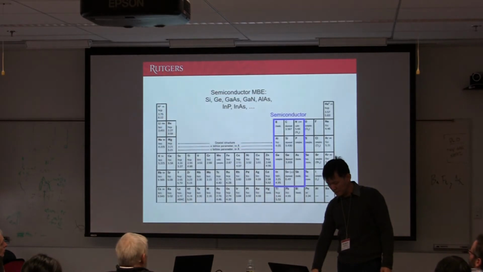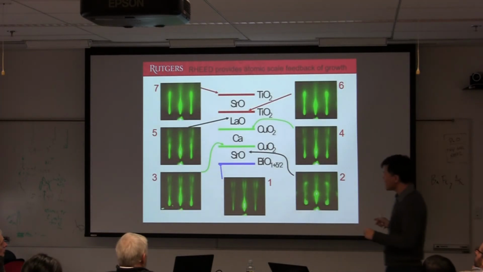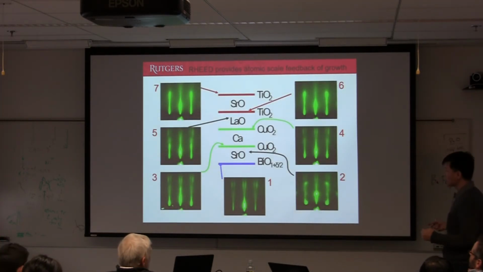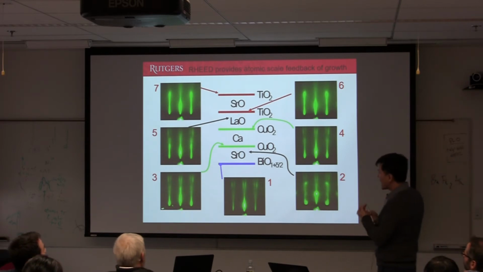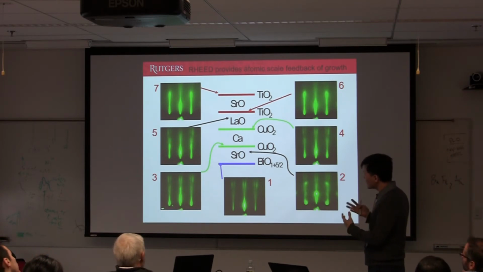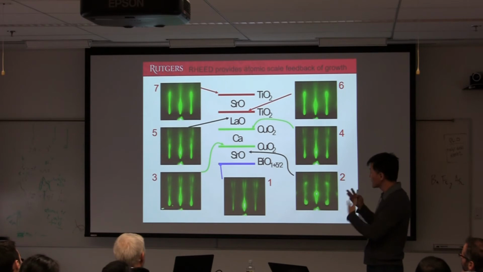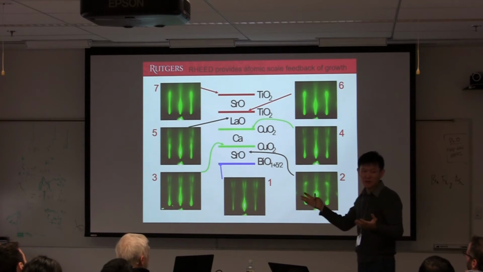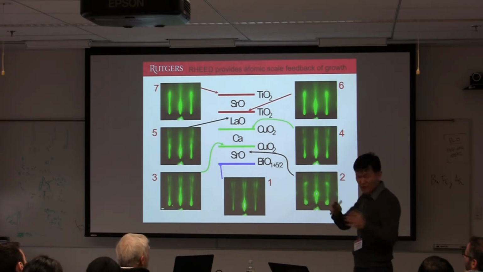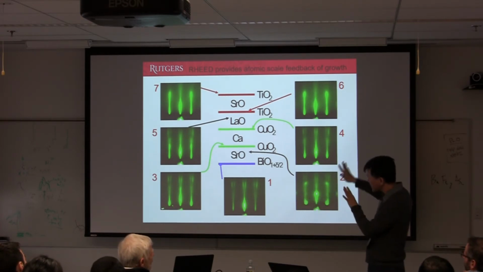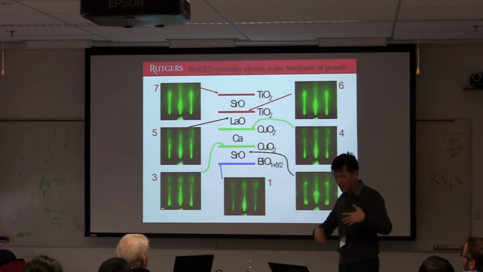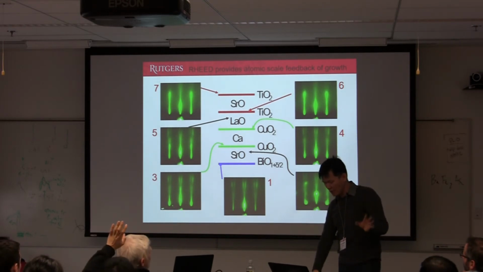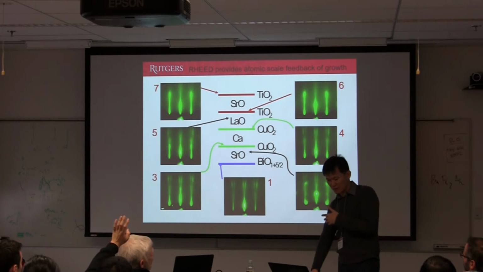So basically, RHEED is very important and very powerful. By learning and mastering how to interpret RHEED, you can save 90, maybe 99% of the time. By just looking at the RHEED, you can set up your growth recipe without doing any other characterization.